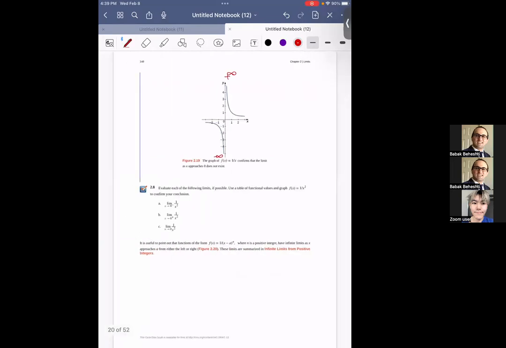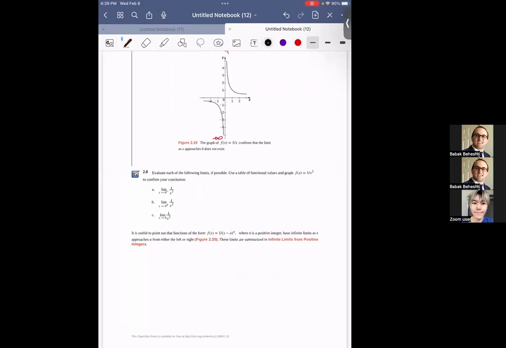So here is a good example. What can we say about this function, 1 over (x minus a) to the power n, when x approaches a?